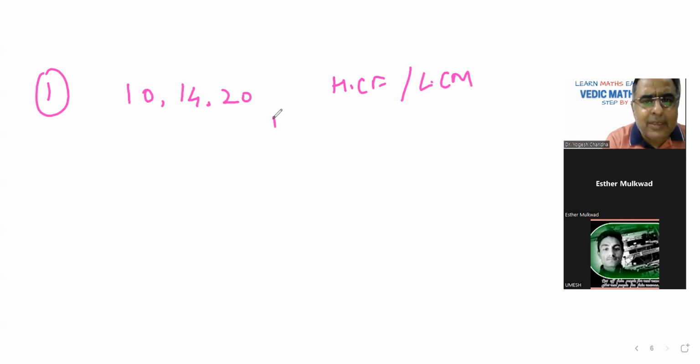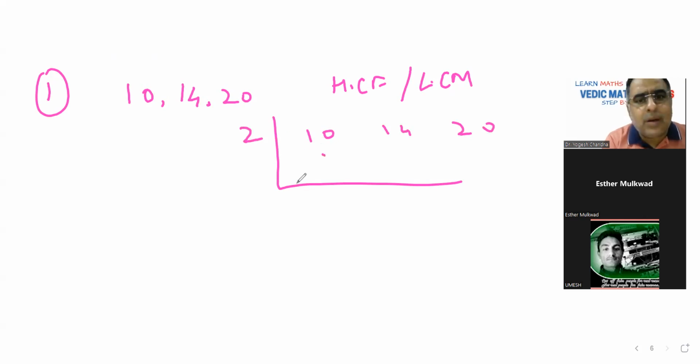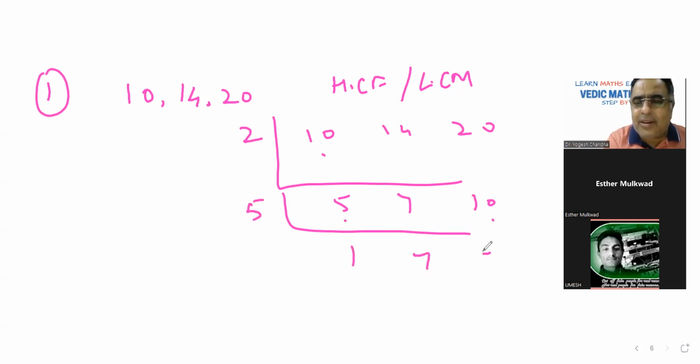See, where do students get confused? 5, 7, 10. Now, these two are divisible by 5. This is not. But still we do 5, 1, 7, 1. Now, if we think in another way, we are carrying out the division process and this is kept constant. So it's a very confusing part.